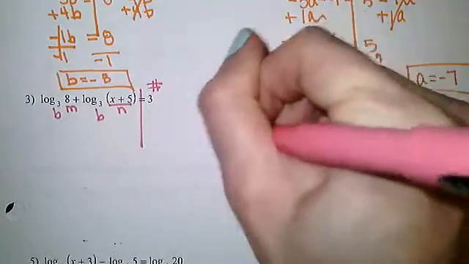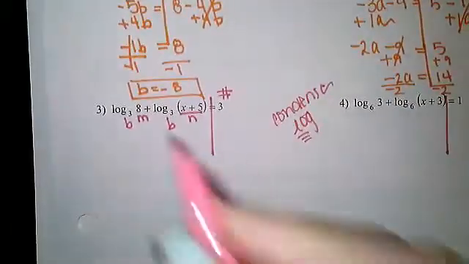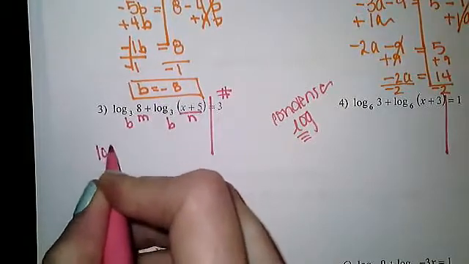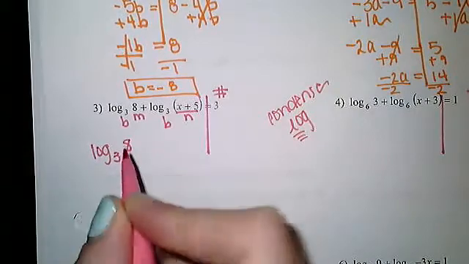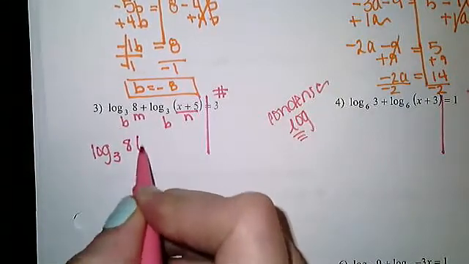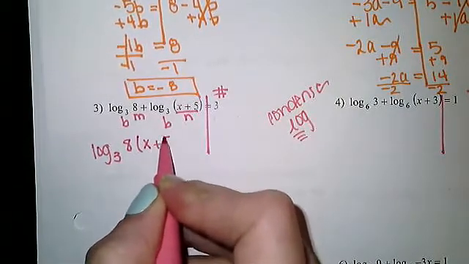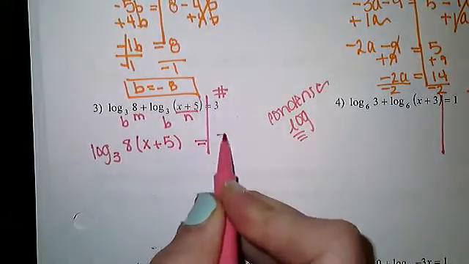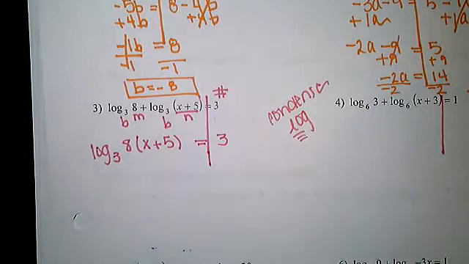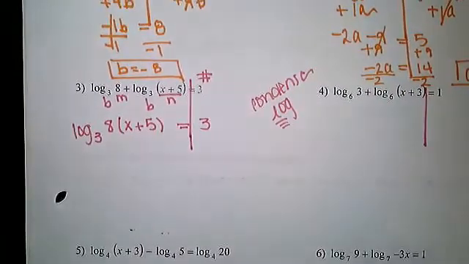So we'll write a little note about that as our first key thing. So when we condense, if we have addition, it becomes multiplication. So we have log base 3, and I'm going to drop down the 8 and the x plus 5 and keep my little 3 over there. So the first step is to condense the logarithm.